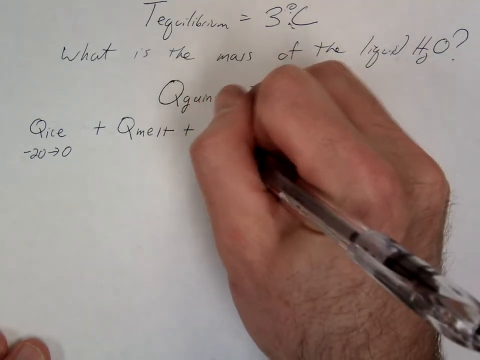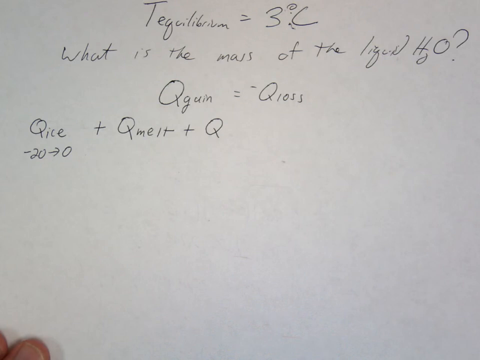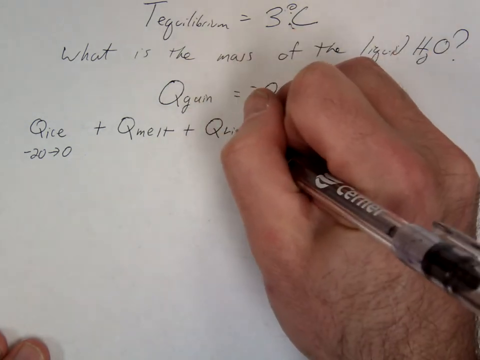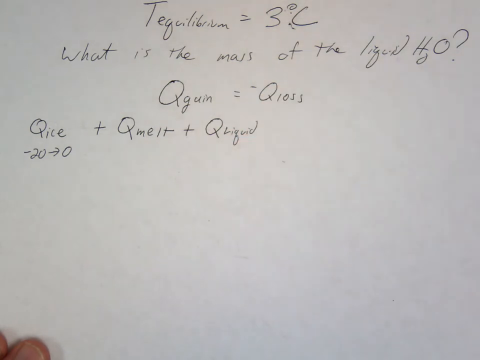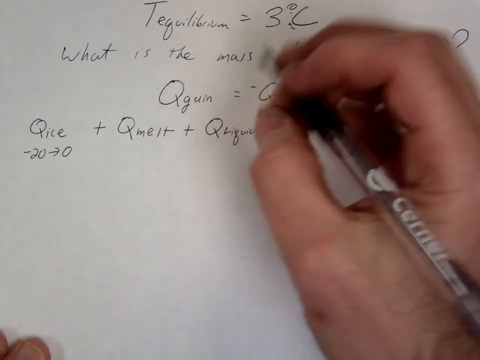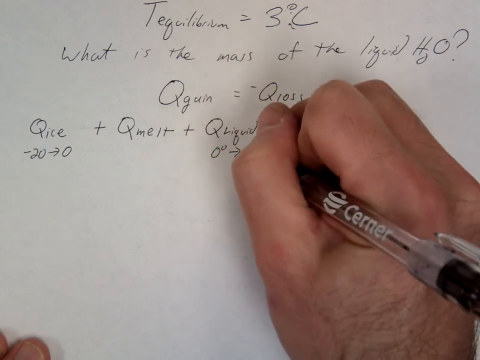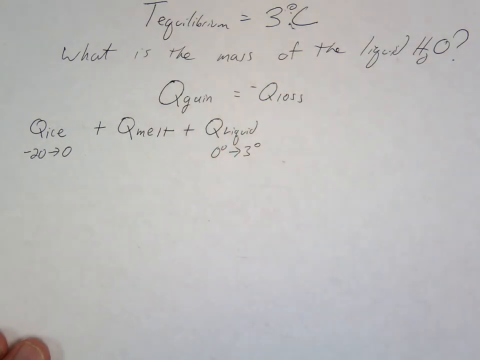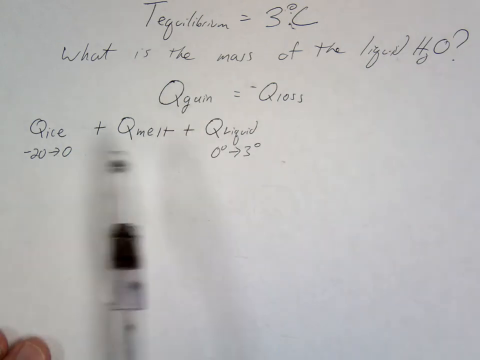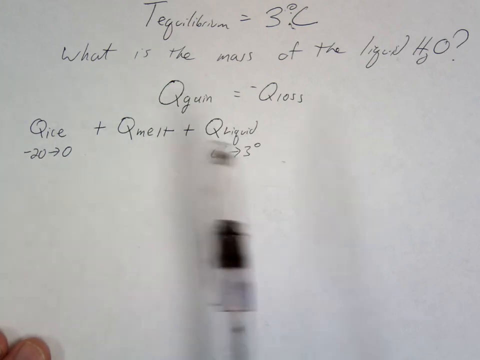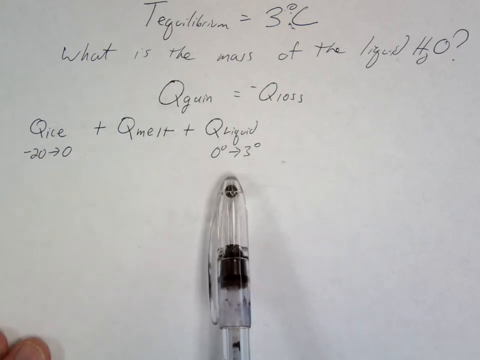Then you need some heat to raise it up. And it's now going to be in liquid form. It's no longer in ice form because you melted it. You're going to heat it up from 0 to the final equilibrium, which we said was 3 degrees. So on your gaining side, you have these 3 steps. You're going to heat up the ice, you're going to melt the ice, you're going to heat up the liquid.